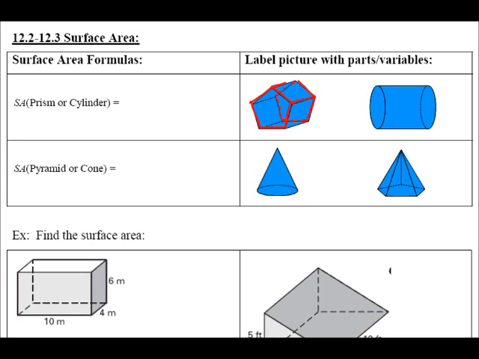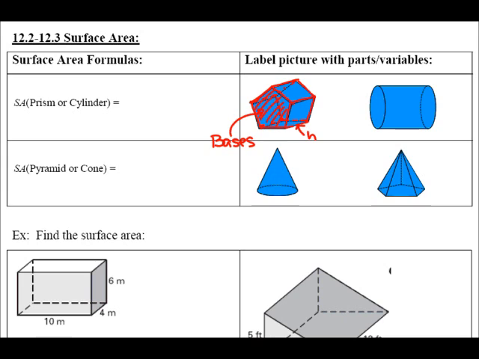Okay, so these lines that I'm drawing to connect the two pentagons together, that is going to designate how tall your prism is. So whatever that length is going to be the height of our prism. And then these pentagons, these are the bases.